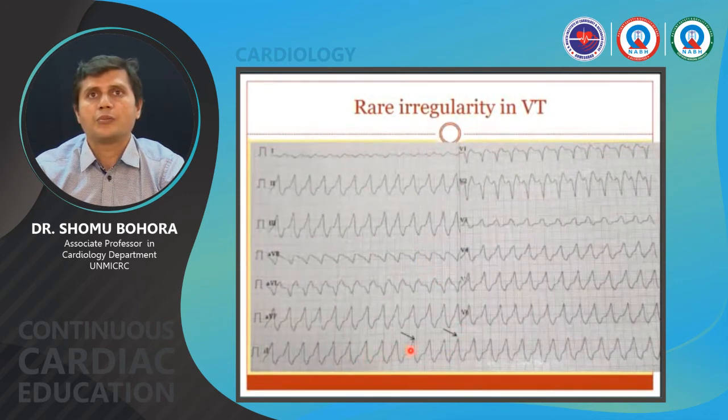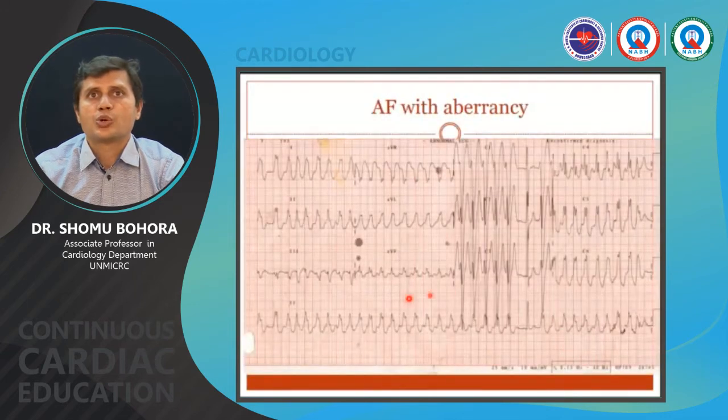So this is a wide complex tachycardia, and you can see the maximum RR interval being 10 here and minimum being 8. A difference is there. This is possible in ventricular tachycardia. If it is continuously changing, then think of atrial fibrillation with aberrancy. So as you can see here, the RR interval is changing rapidly, and there are areas where there is a narrow complex.